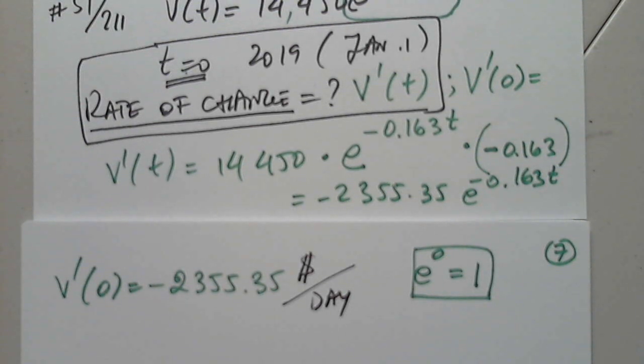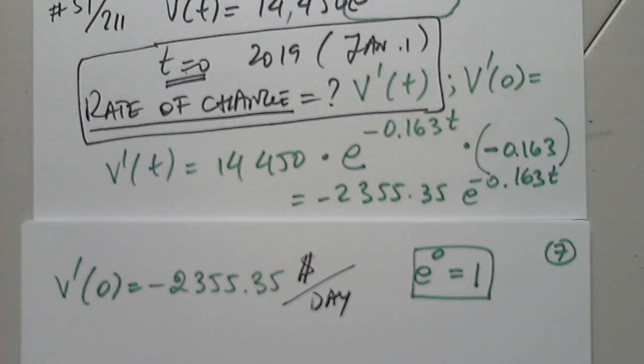Part B. What was the original value of the equipment on January 1st, 2017? They're asking us what was the value in 2017. We know that the value of the equipment was $14,450 in 2019.